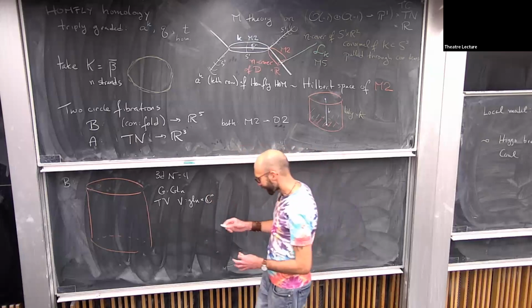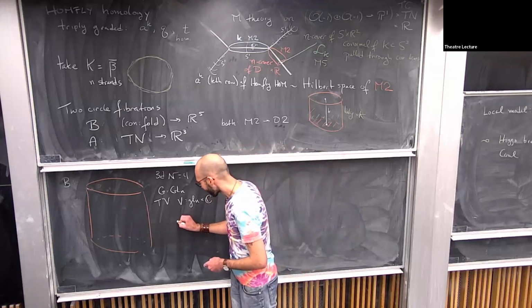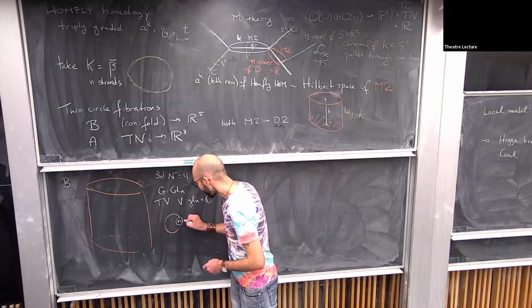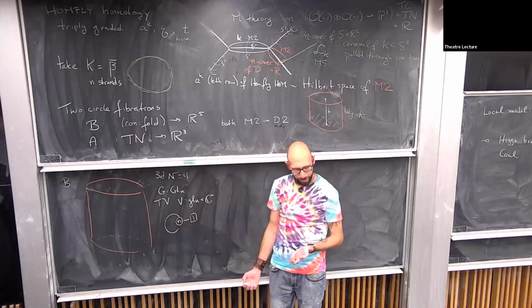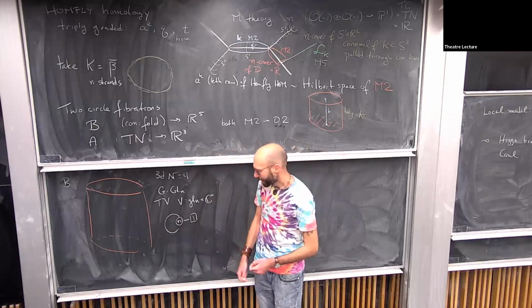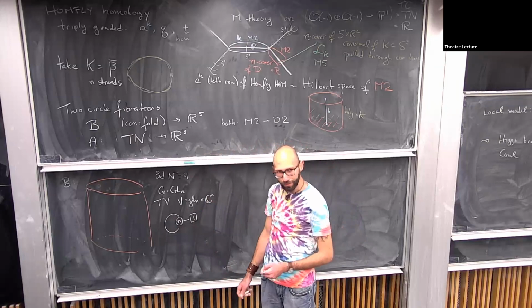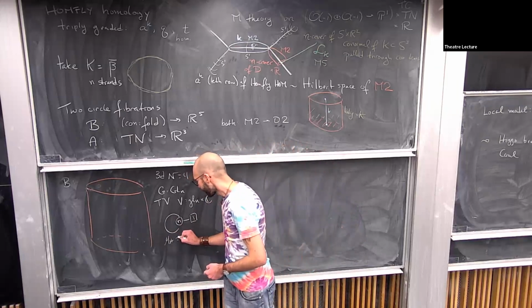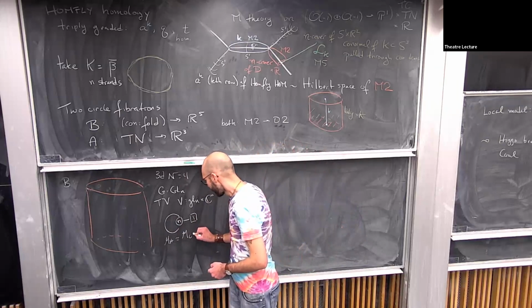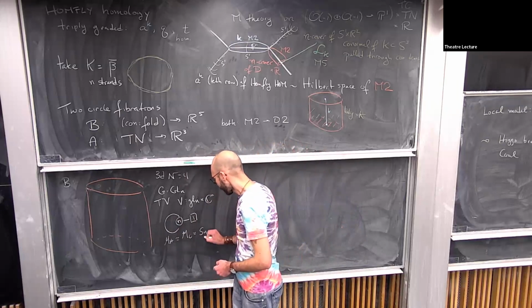There's the quiver associated to this that looks like that. The Higgs and Coulomb branches, when we resolve them, become Hilbert schemes. If we don't resolve the Higgs and Coulomb branches, they are symmetric products.